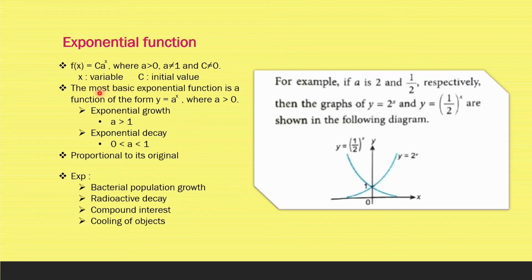The most basic exponential function is of the form y equal to a to the power of x, where a is larger than 0. When a is larger than 1, the function grows in a manner that is proportional to its original value. This is called exponential growth.